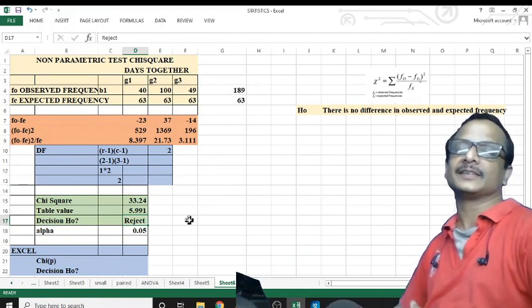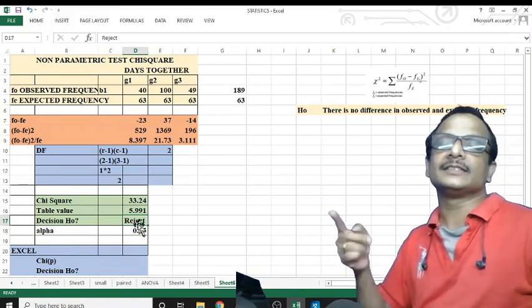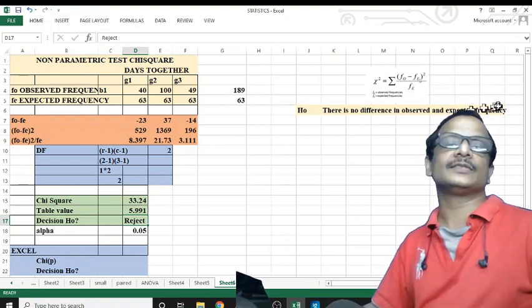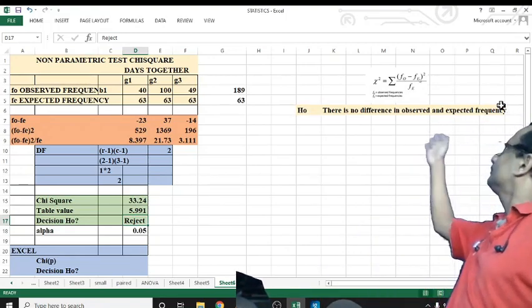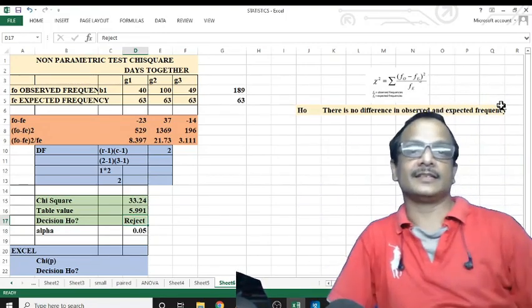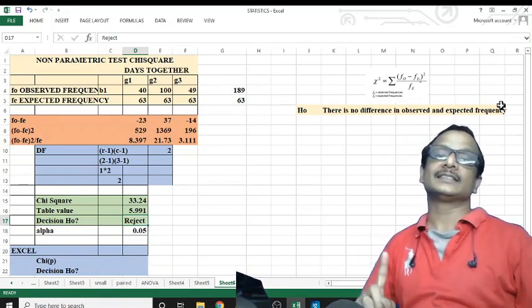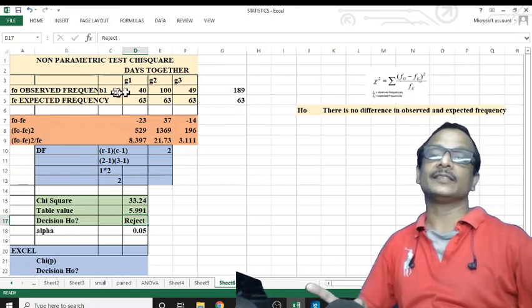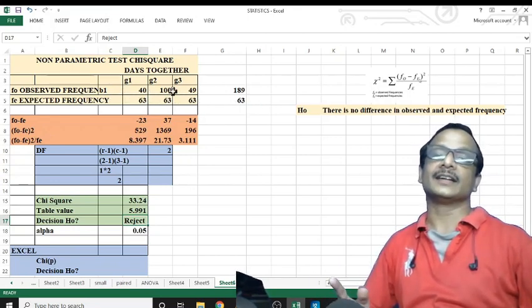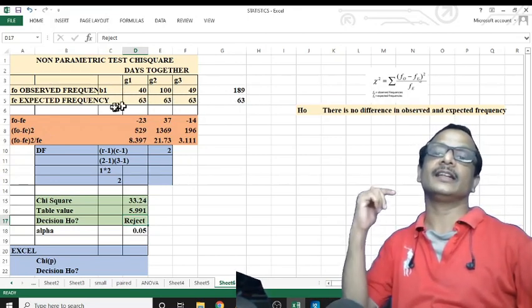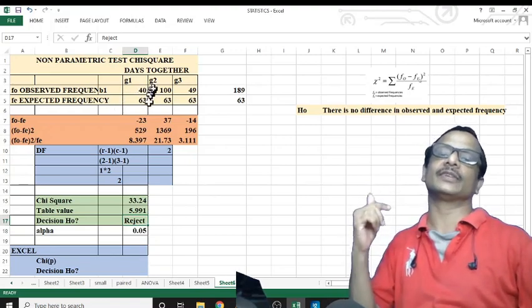This is a condition. If the H0, there is no difference in observed and expected frequency, is rejected, then what is the decision now? There is a difference in expected frequency and observed frequency.